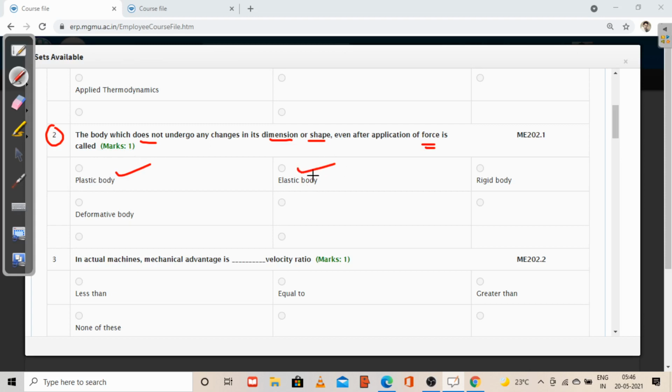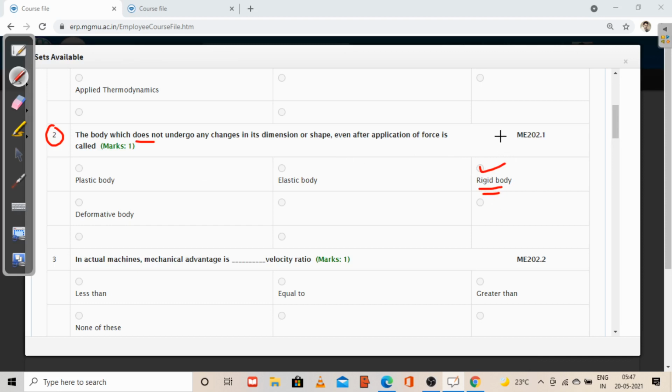Elastic body will definitely show some deformation. Deformable body itself means it is showing some deformation, but rigid body will not show any deformation. Okay, so the question is asking does not undergo, so this is the right answer. So rigid body is the right answer for this question.